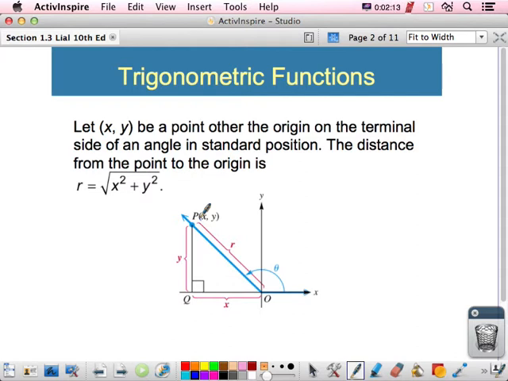The reason they call it r is if you imagine rotating a point around to this position, it's the radius of your circle. So they call it r, but it really is the same as a, b, c. So a squared plus b squared equals c squared, which means that x squared plus y squared equals r squared. Make sense?